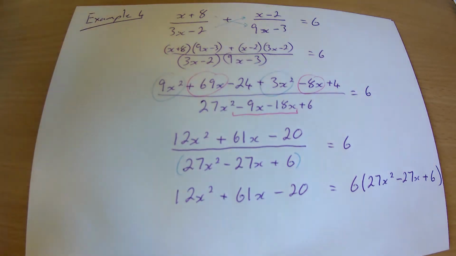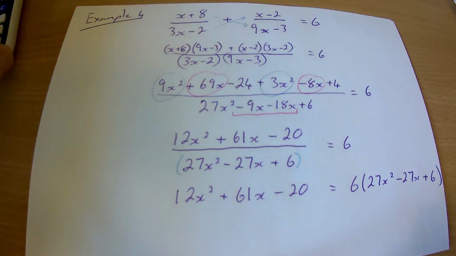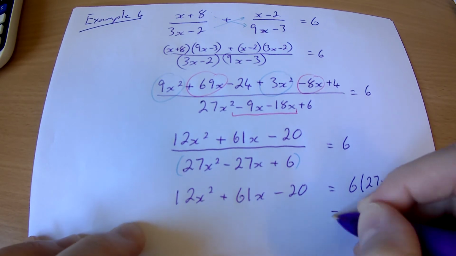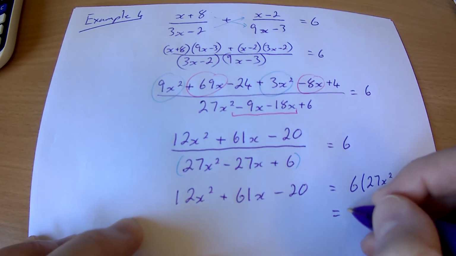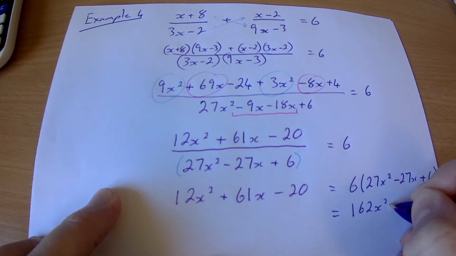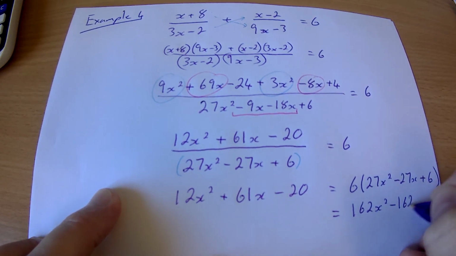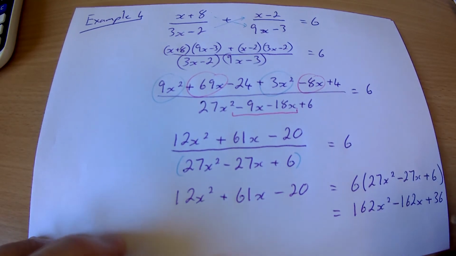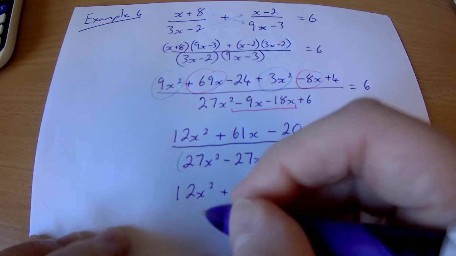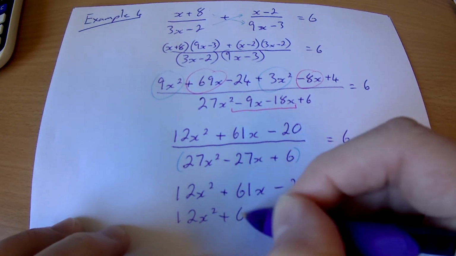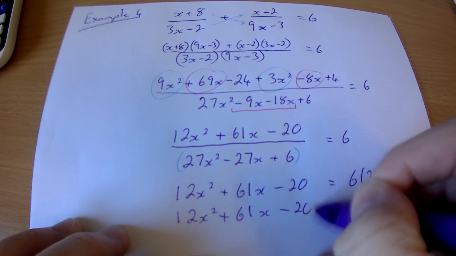I use one here as well, just to multiply them and make sure you do that right. So that becomes 162x squared minus 162x plus 36. And that still equals this. So 12x squared plus 61x minus 20.